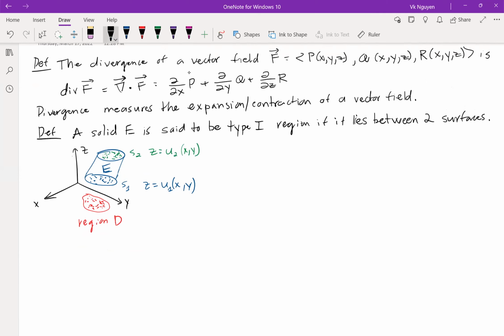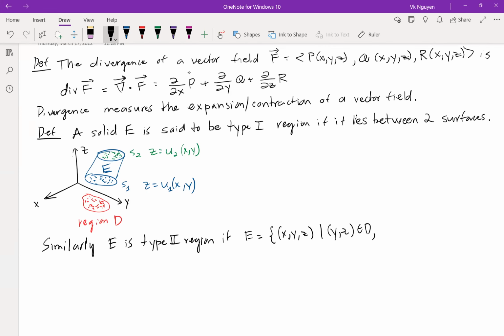Similarly, E is a type 2 region if E is the set of (x, y, z) such that (y, z) is in D, and u1(y, z) is less than or equal to x, less than or equal to u2(y, z).